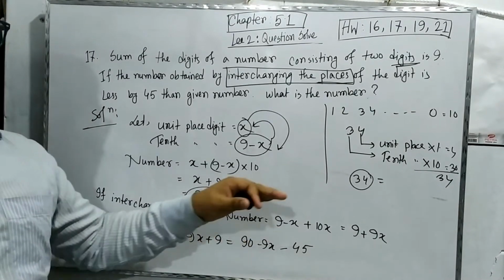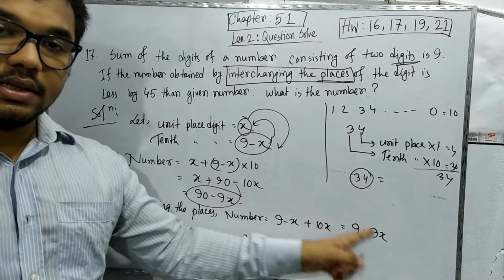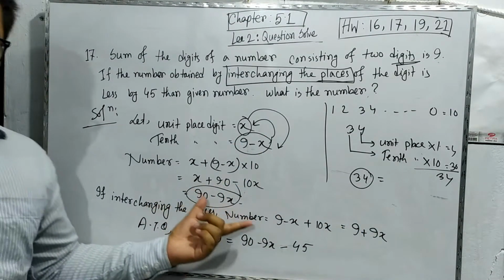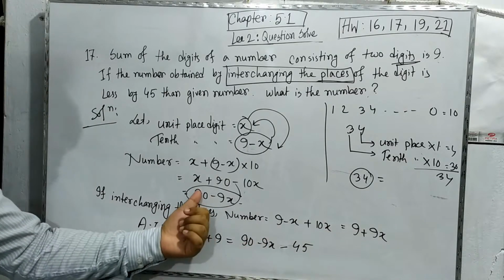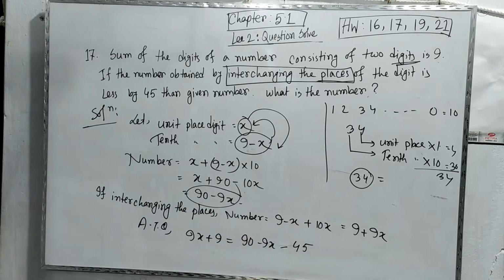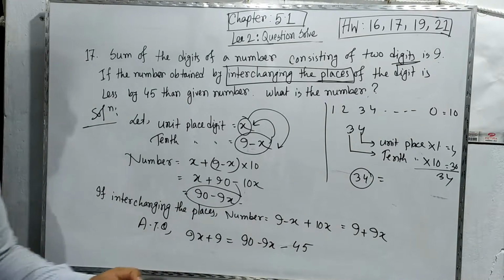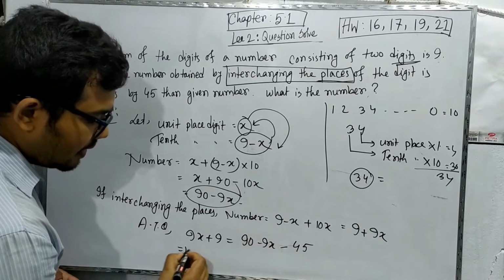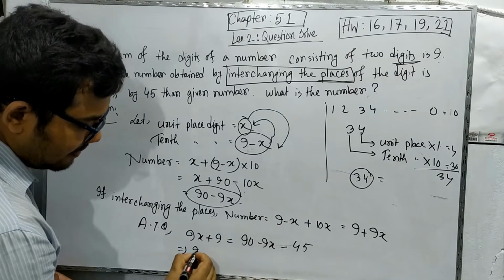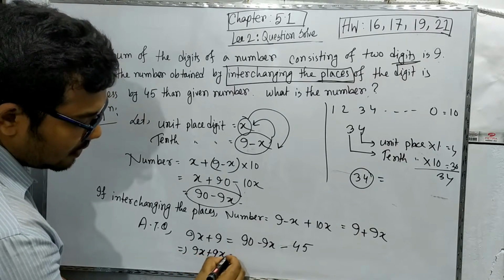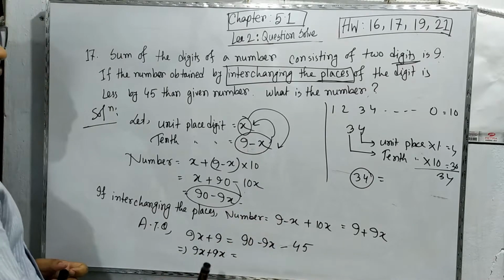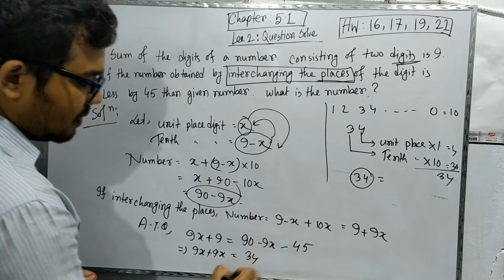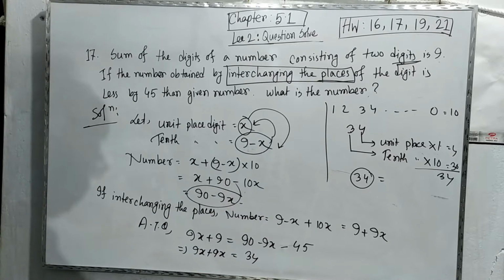If this number is 45 greater than this, then we can say this part equals this minus this. Now calculate it: 45 minus 9 is 36.